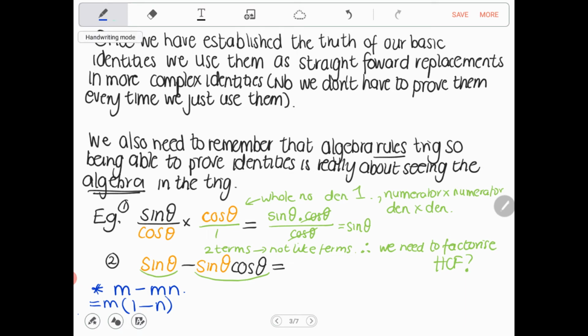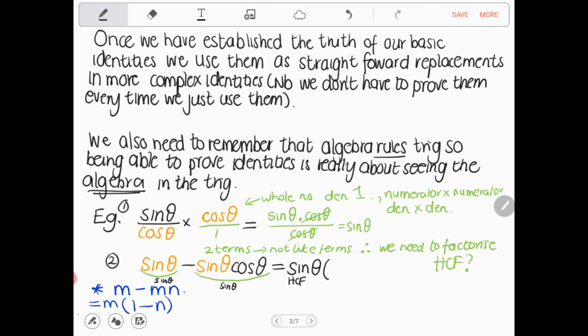We're going to take out the sine theta as a common factor. That is my highest common factor. Okay, that means I have to divide this first term by sine theta and the second term by sine theta.